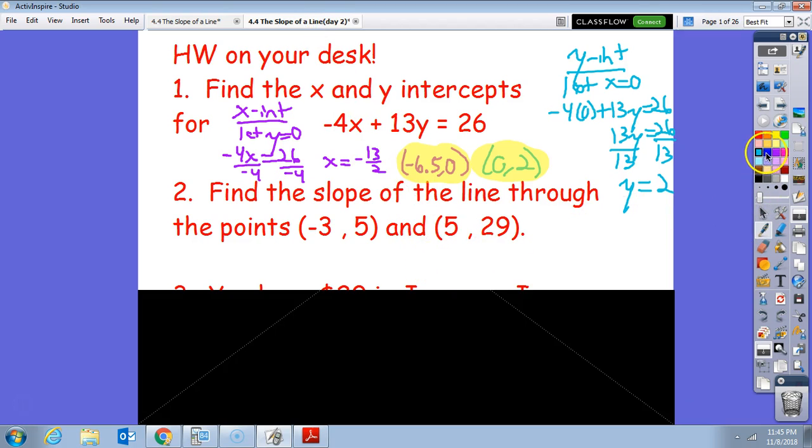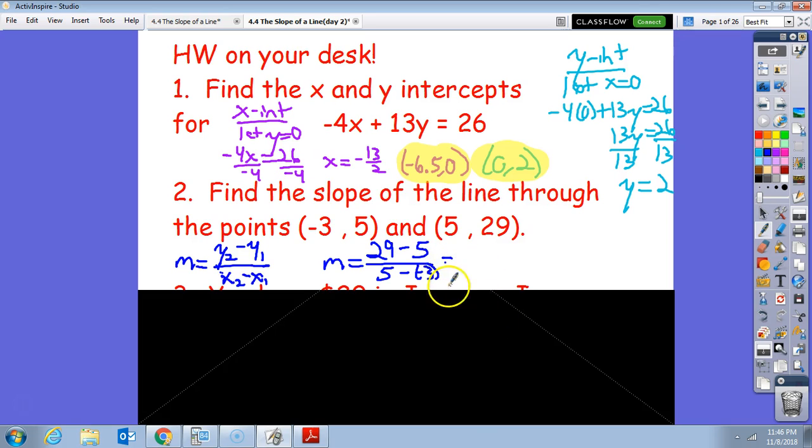So number 2, we've got a practice problem of finding the slope. To find the slope, you can use your formula. The slope formula again is y2 minus y1 over x2 minus x1. So if you take that formula and you use the points you have, 29 minus 5 over 5 minus negative 3.